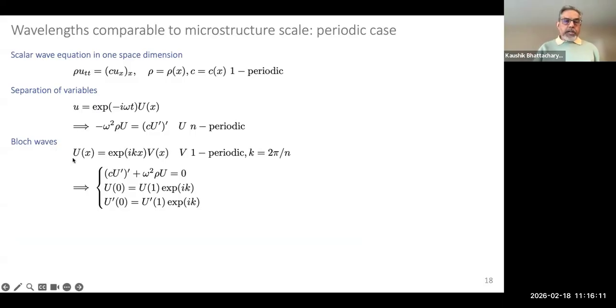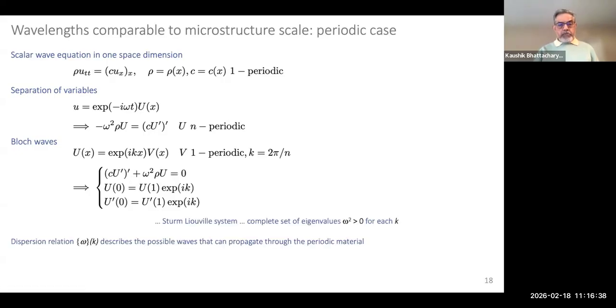So what you find is that this is actually a representation for a general n-periodic function. So rather than looking for n-periodic functions, I can look for solutions in this form, and that gives me this set of equations. So if I plug this in here and impose the condition that B is periodic, I get this set of equations.